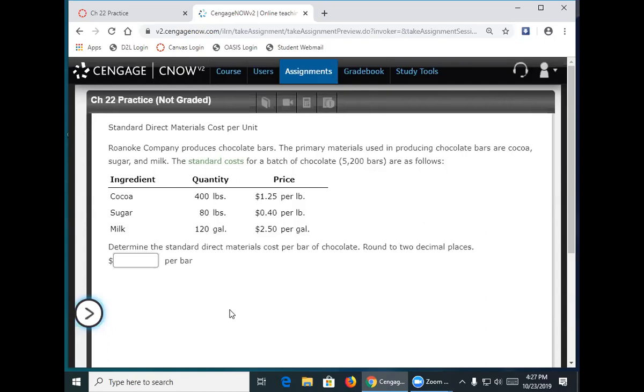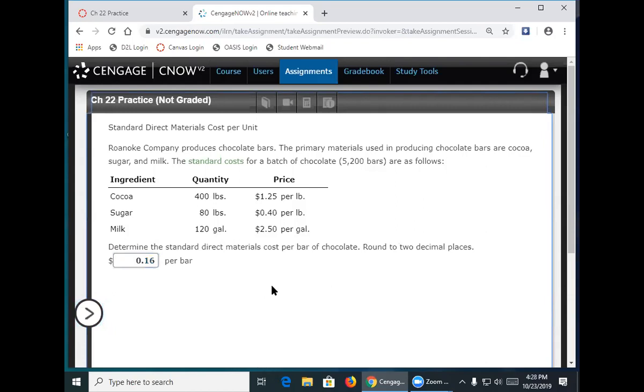So our total cost, all of those added up, is $832. So we just multiplied, added up, $832 divided by the 5,200 bars. So should get what, 16 cents per bar. So that one's pretty easy. So again, that's just calculating the standard direct materials per unit.